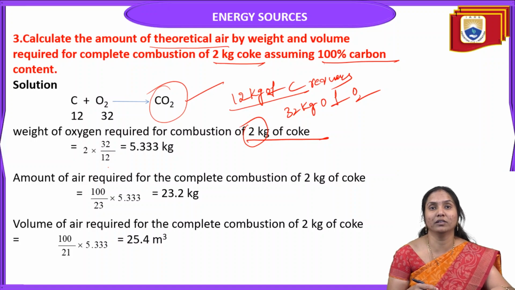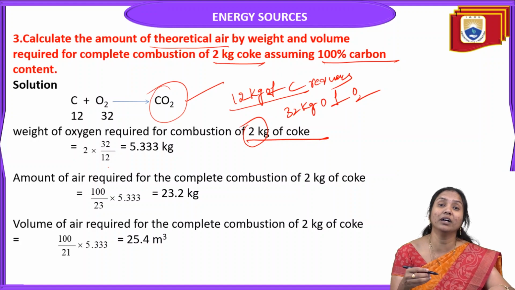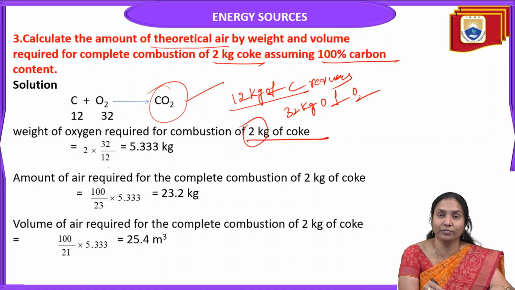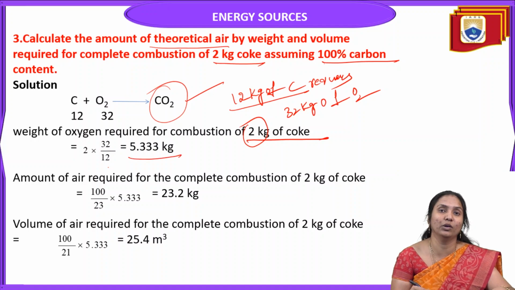So how do you calculate the weight of oxygen required for complete combustion of 2 kg of coke? It equals 2 into 32 by 12, which is 5.333 kilograms.